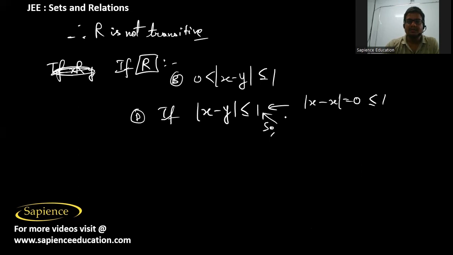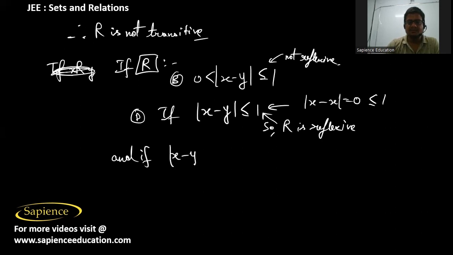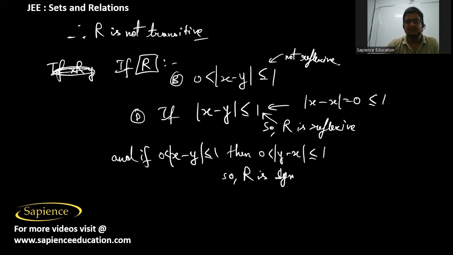So here this R is reflexive, but the relation in option B is not reflexive. And if mod of x minus y is from 0 to 1, then we can also say that mod of y minus x will be also from 0 to 1. So it means that the relation R is symmetric.